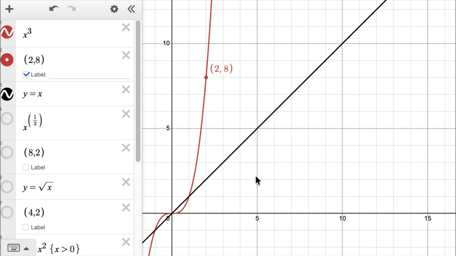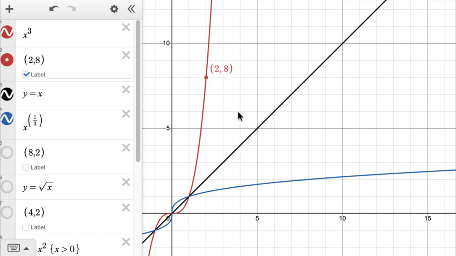That's why we're always flipping y and x. Now I'm going to plot its inverse function in blue. Notice that beautiful reflection: the red is our original, the blue is our inverse, and they are perfectly reflected around the black line, which is y equals x.